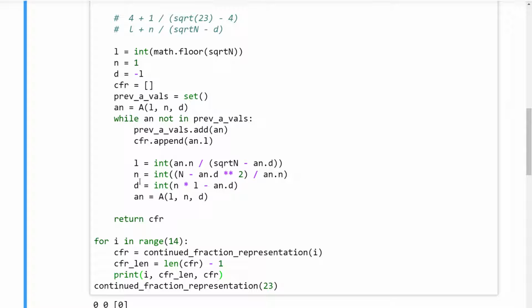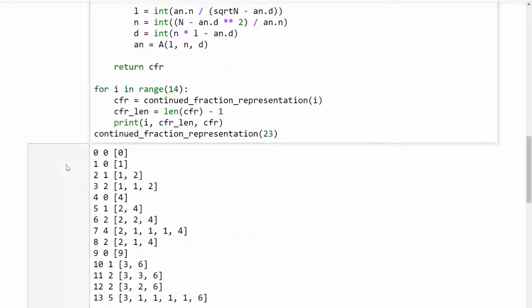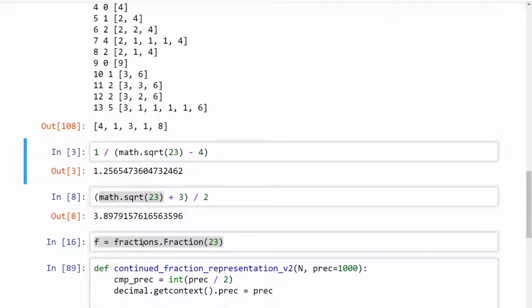Maybe it should be minus L. It is minus L. But maybe it should be L, because we are doing minus A. Ja, a sign error.